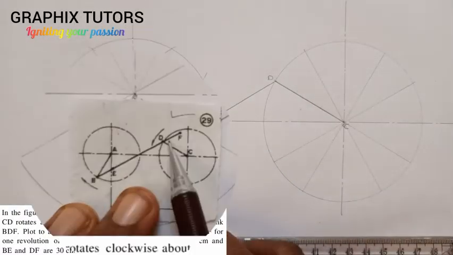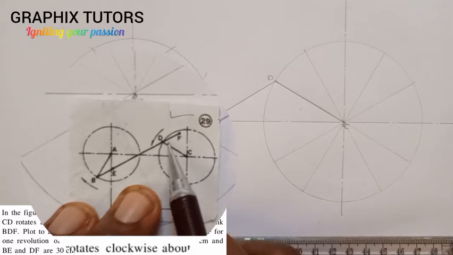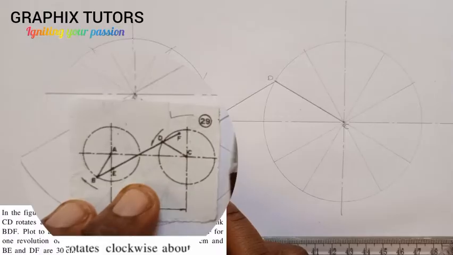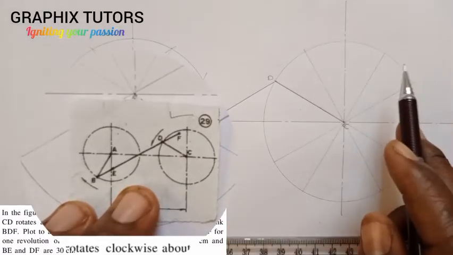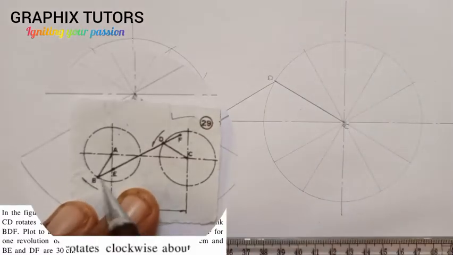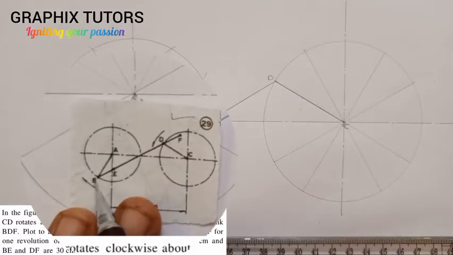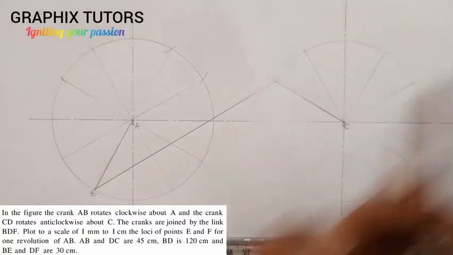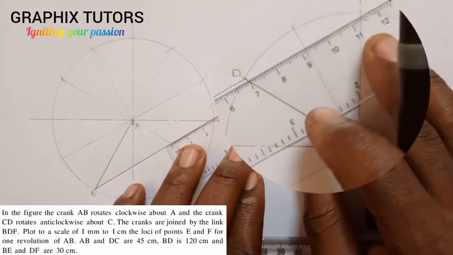We're also told that D is extended, so we'll call it DF, and DF is given to be 30. If you look here, it's given to be 30 millimeters. So we extend it by 30. Also extend E from B by 30. First of all, let me extend this by 30.